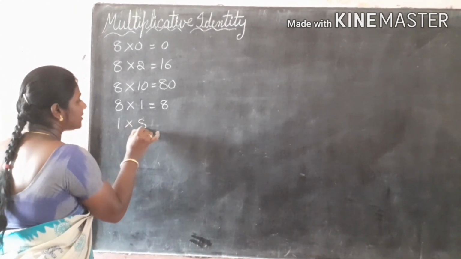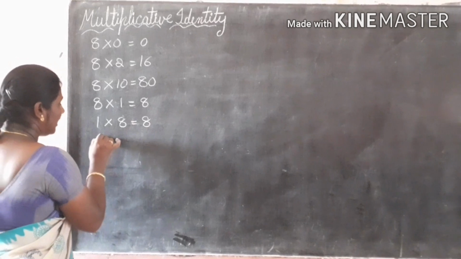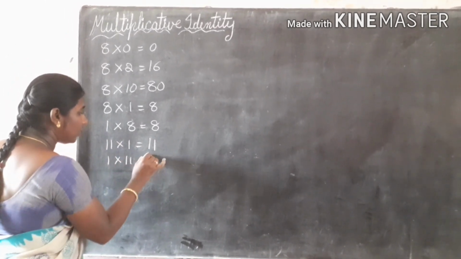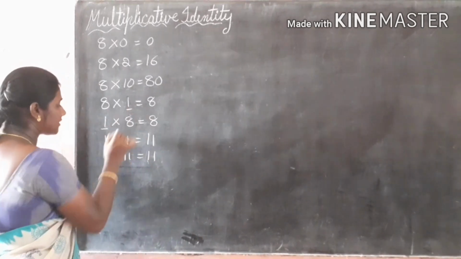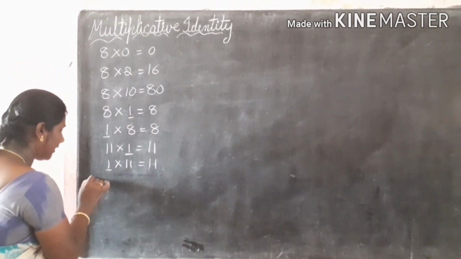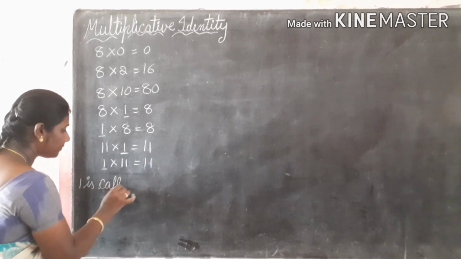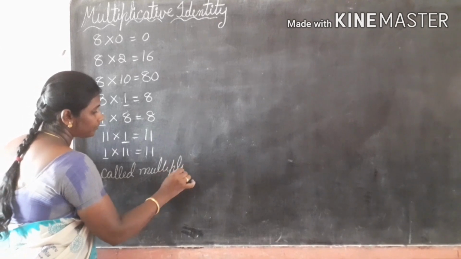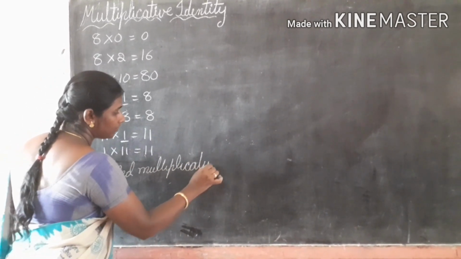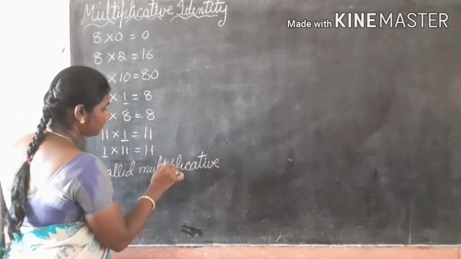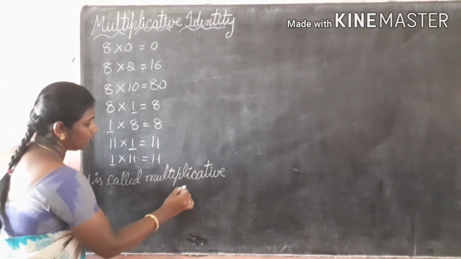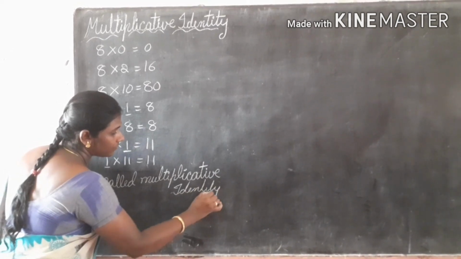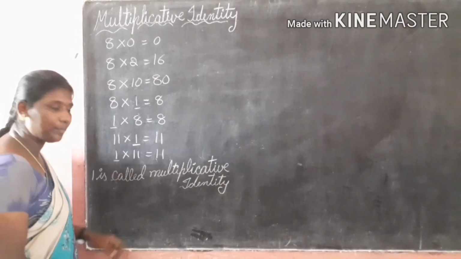Say 1 into 8 is equal to 8. 11 into 1 is equal to 11. 1 into 11 is equal to 11. So, this 1 is called the multiplicative identity.